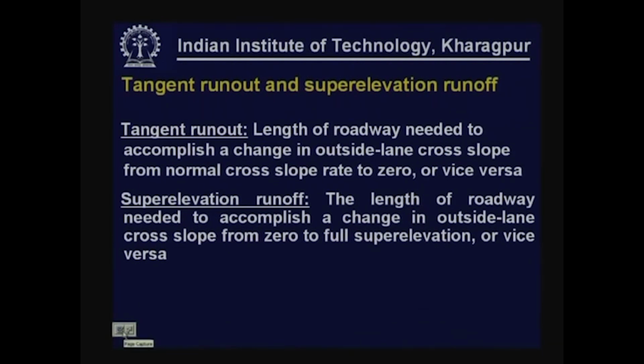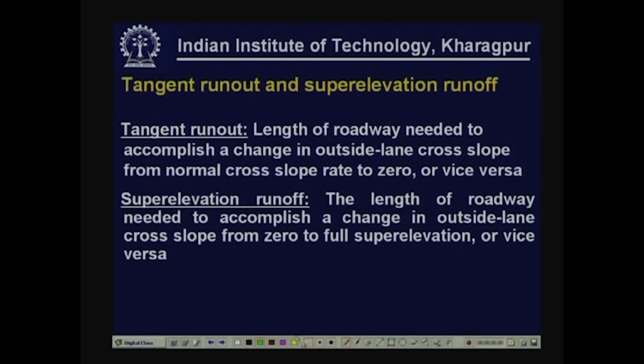So, if we take a normal cross section, a cambered cross section, it looks like this. From this position we want to get it like this, if the rotation is with respect to the center line, a position like this.